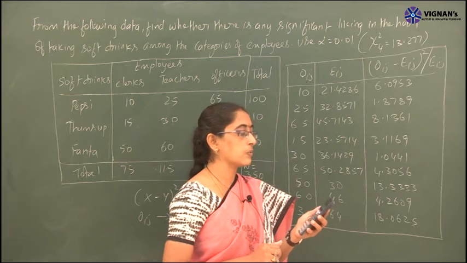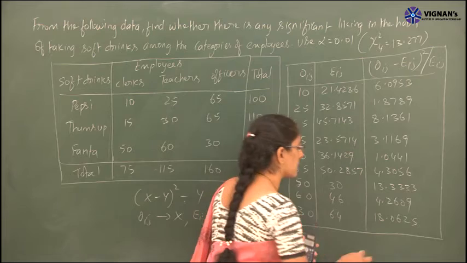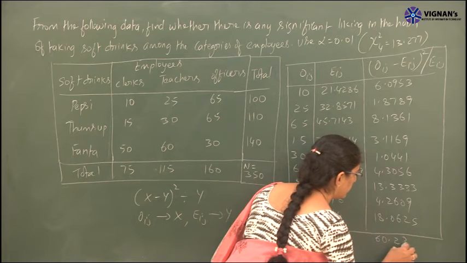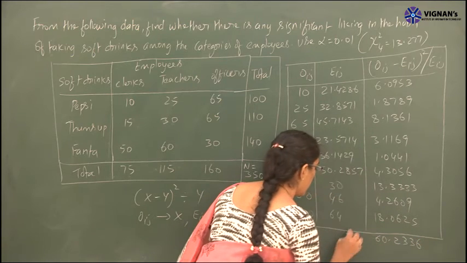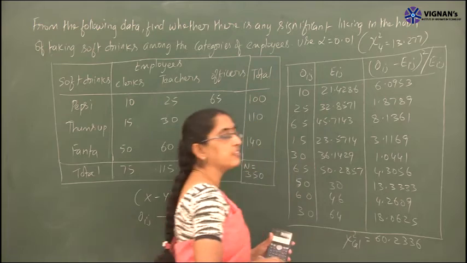So this is equal to 60.2336. So this is our chi-square calculated value.